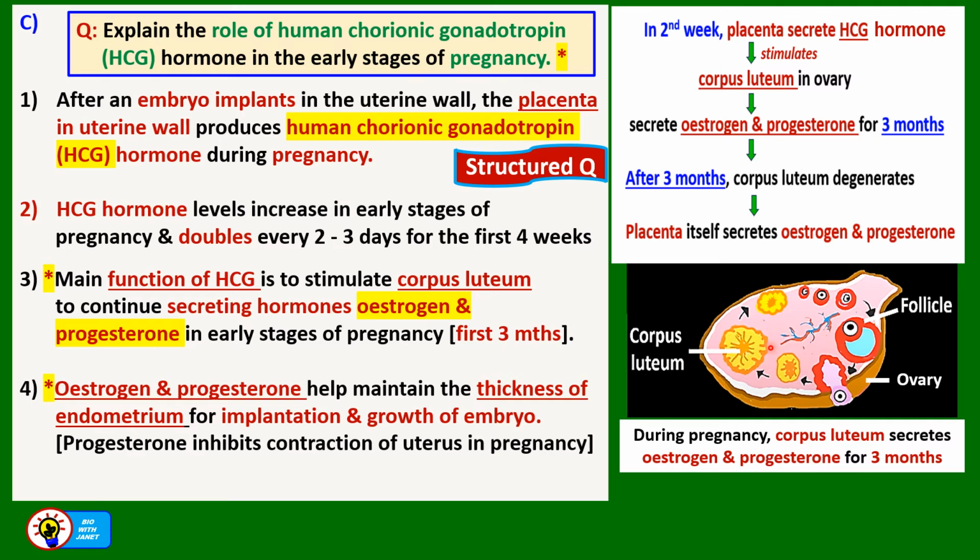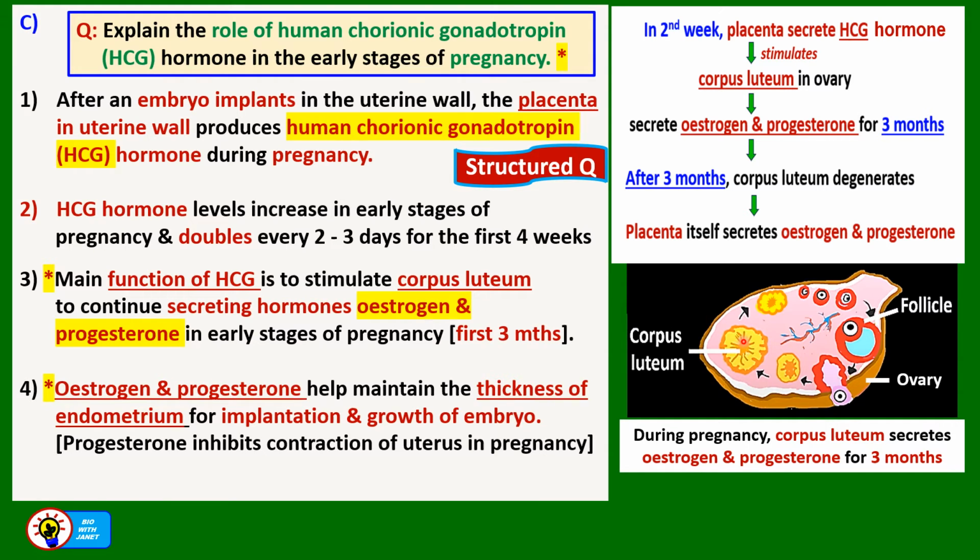Actually, the corpus luteum was formed when the Graafian follicle burst during ovulation, and the secondary oocyte was released into the fallopian tube. So the remains of the Graafian follicle forms the corpus luteum, and then the corpus luteum starts to secrete the hormones estrogen and progesterone during the menstrual cycle. But if there's pregnancy, it needs to continue secreting the estrogen and progesterone beyond the 14 days that it has started producing these hormones.